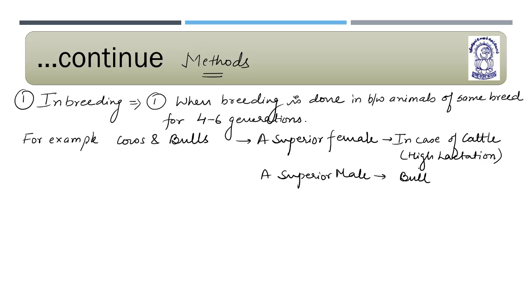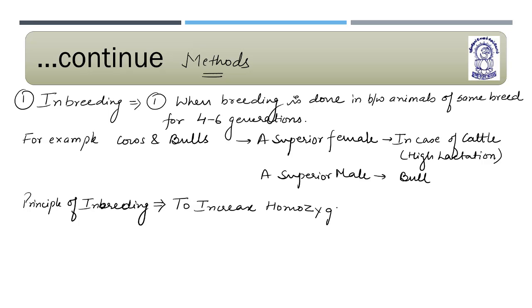Inbreeding is basically acting upon a rule: the principle of inbreeding is to increase homozygosity. That's why inbreeding is done to develop a pure line.